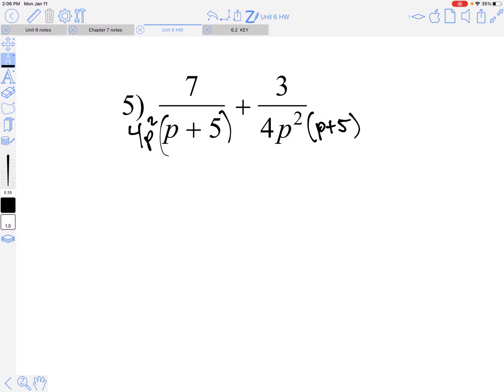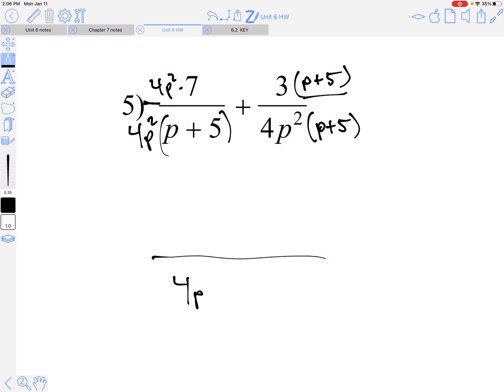Multiplication is the only way that we can change fractions, because we're technically multiplying by 1, because p plus 5 over p plus 5 is 1. That's why what we do to the bottom we have to do to the top. Just a reminder of the rules there. So I just multiply them by each other, and then I have the same denominator.